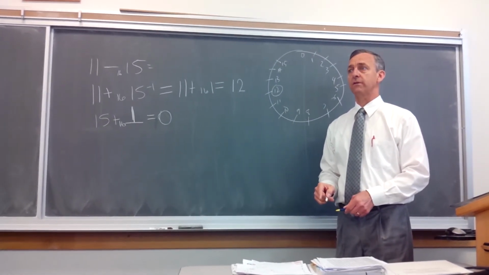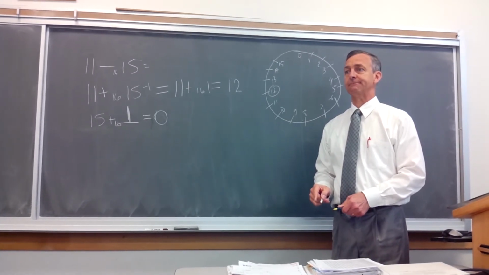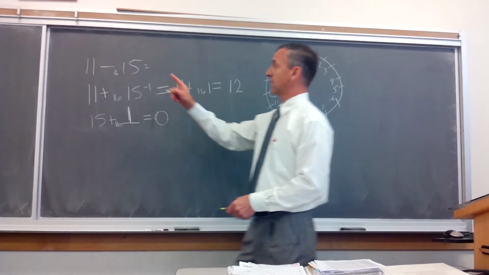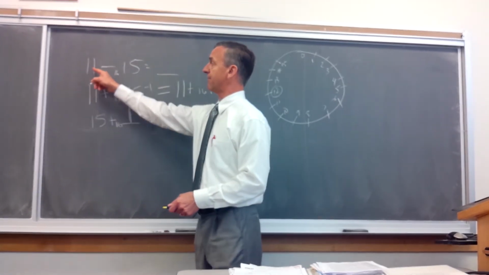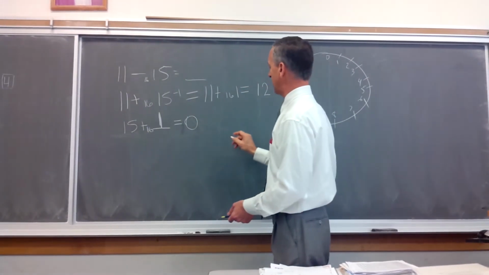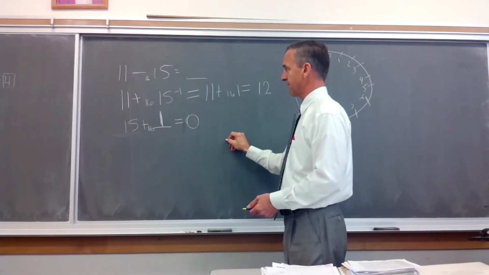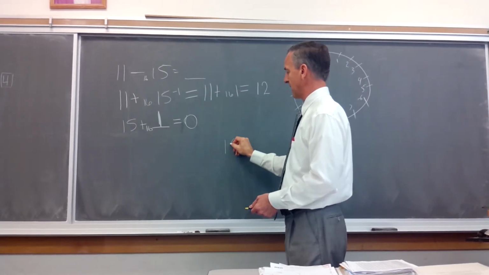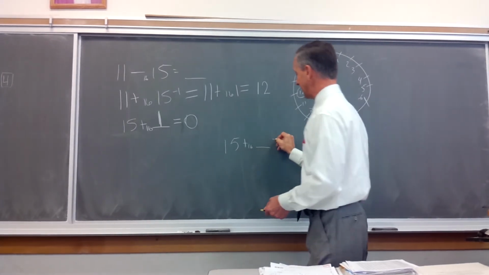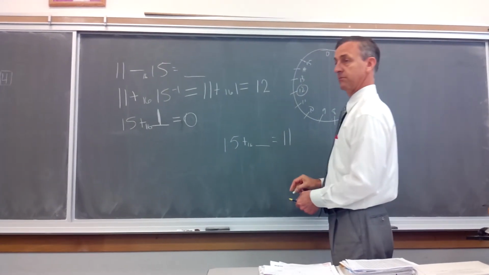What's the other way to check it? Convert this into a fact family with a missing addend. What would it be? 15 plus what gives me 11?